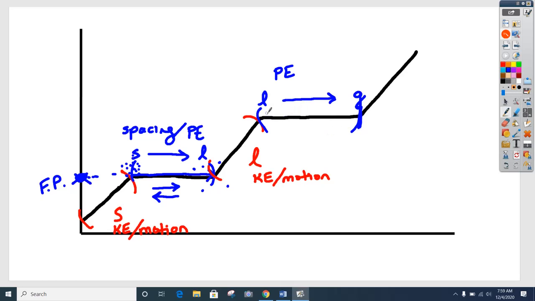So how much liquid or gas you have depends on where you are on this line and how far apart the molecules are from each other. The further apart they are, the more gas you're going to have present. And then finally along this part of the line you have only gas present, and your kinetic energy is the only thing changing, therefore the motion of the molecules is changing, therefore your temperature is changing as well.